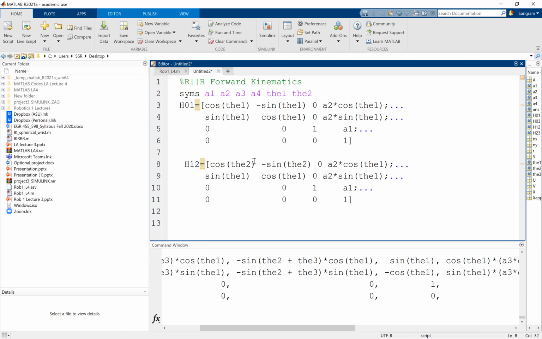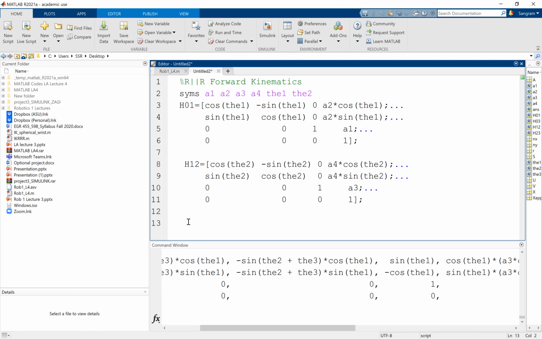A2 is going to become A4, cosine theta 2, sine theta 2. And let's not forget to change here, just to make them look good. A1 will become A3. A4, yeah, here is A4. All right. Any questions?